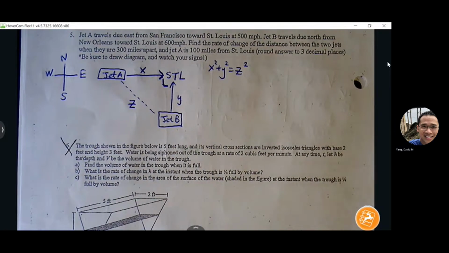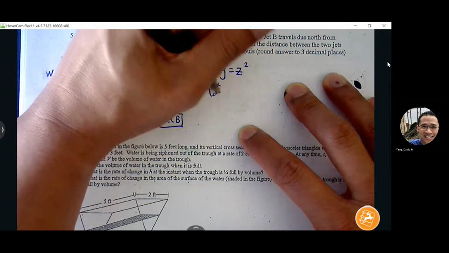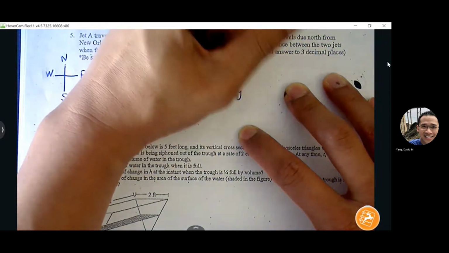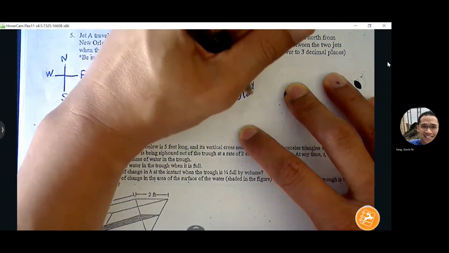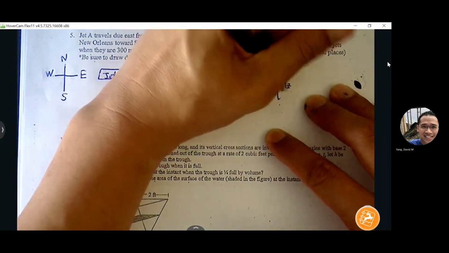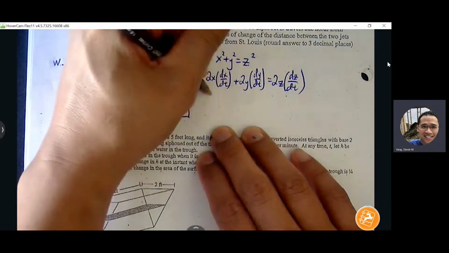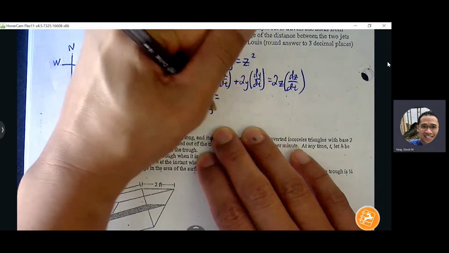Derivative. Okay. Label each of your variables.